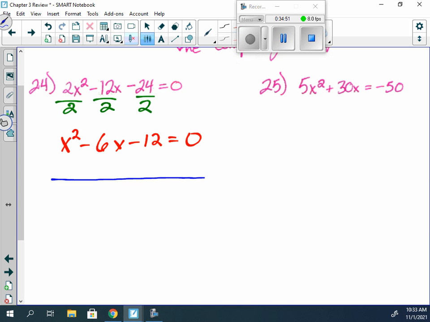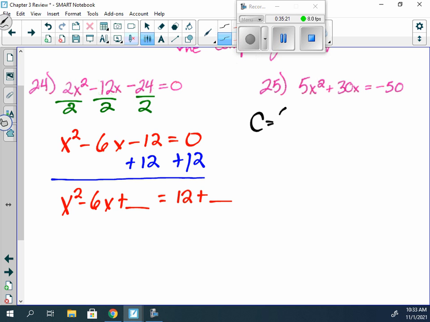Well, our next main step that we didn't have to do for 25 is we need the variables on one side and the constant terms on the other. So here, we're going to have to add 12 to both sides. And what that will leave us with is x squared minus 6x plus blank is equal to 12 plus blank. And we leave spaces because, again, we're going to find the value of c and plug it back in.